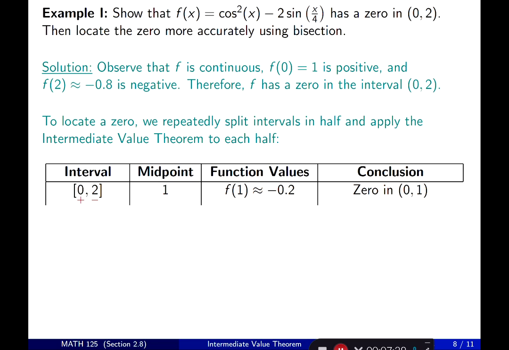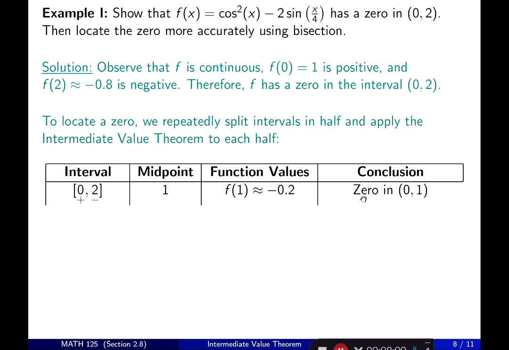The midpoint between 0 and 2 is 1. Find f of 1. It turns out to be approximately negative 0.2. And so what we do is we replace 2 by 1 over here, because we replace the endpoint where the function is negative with the new value where the function is negative.